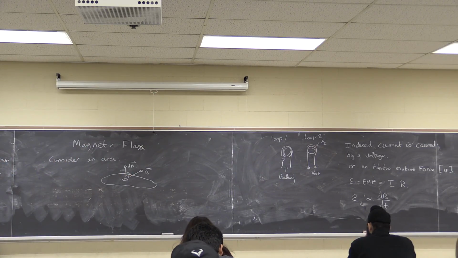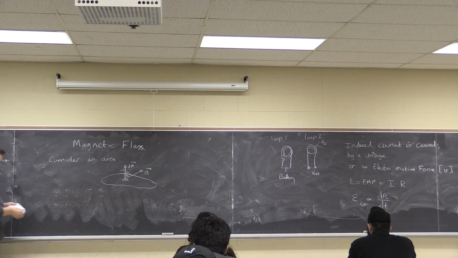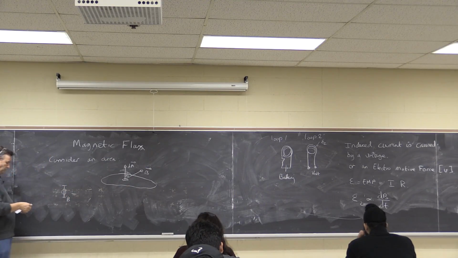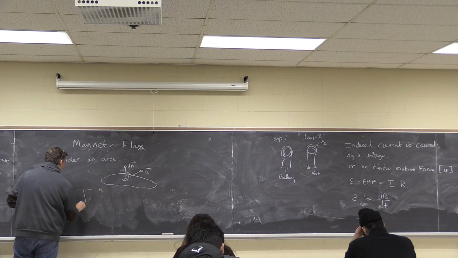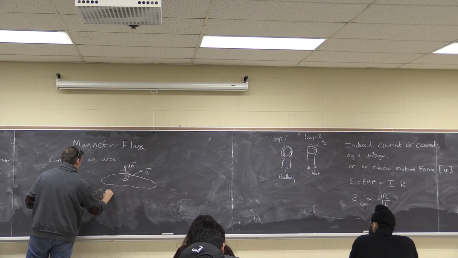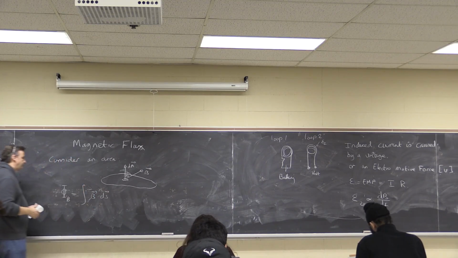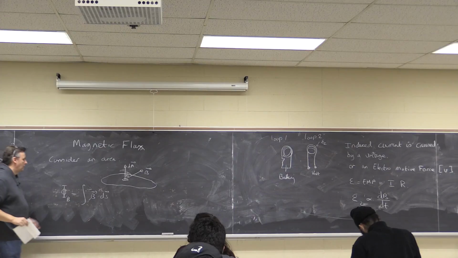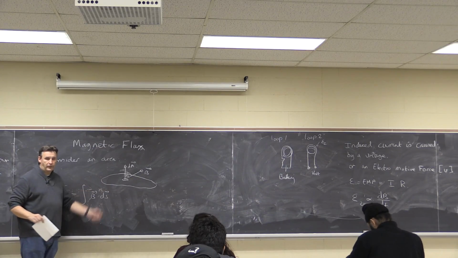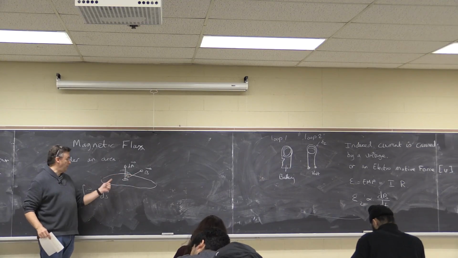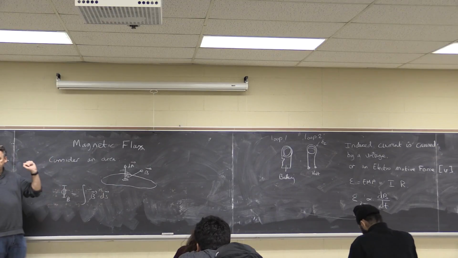So we define magnetic flux in exactly the same way as we defined electrical flux. Phi b this time is the integral of B dot dS. So essentially we're going to integrate over this area, i.e. we add up all the little components of B coming out of all the little boxes that we define across the surface.